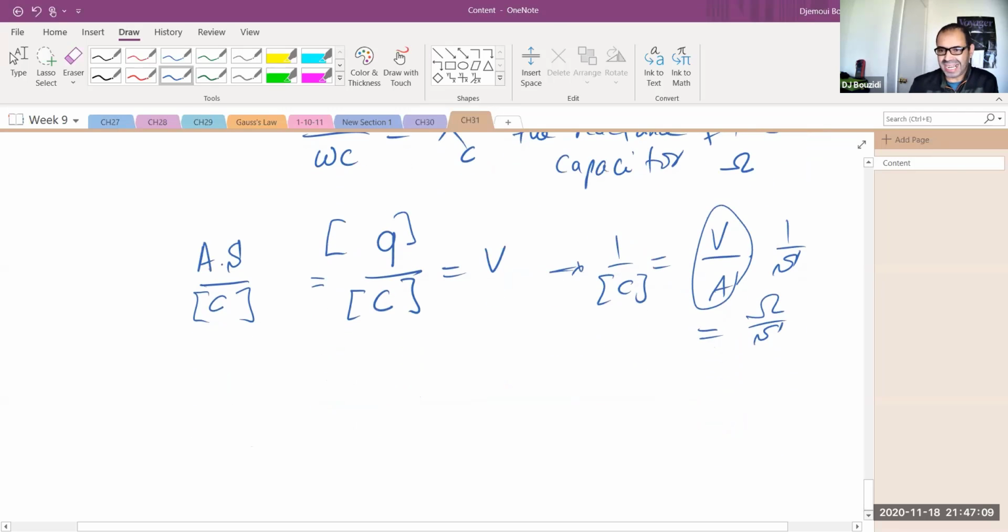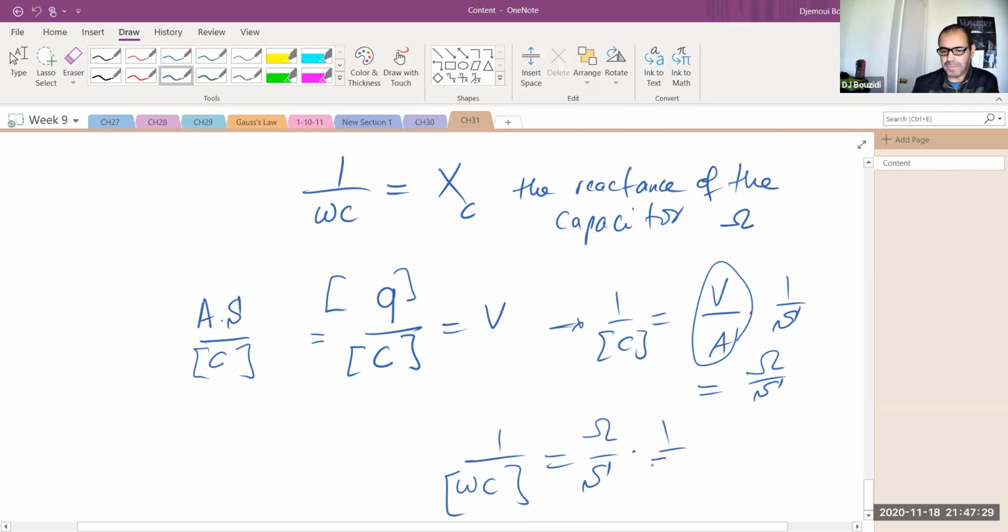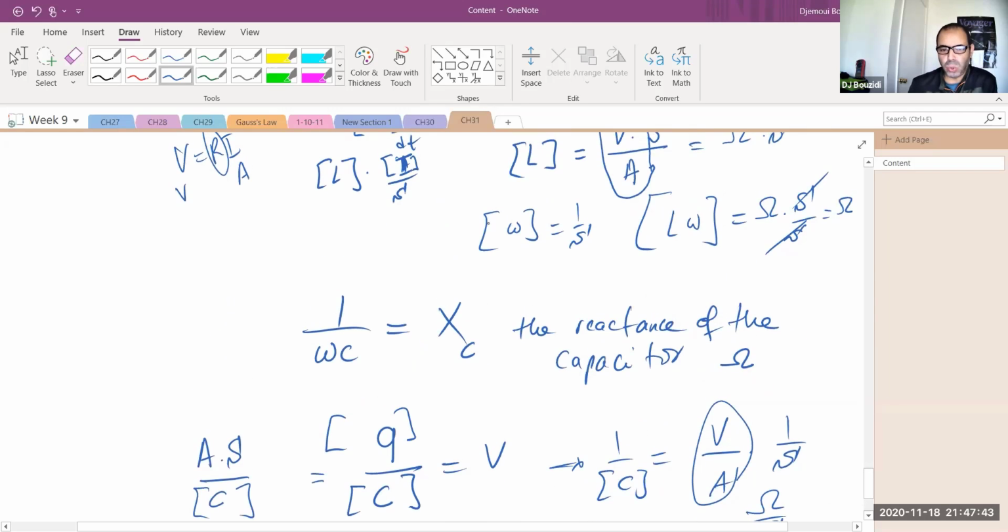But if I divide by an omega now, so 1 over omega times C, the units for that are the same as an ohm divided by second, because that's the units of 1 over C, divided by the units of the frequency, and the units of the frequency are themselves the inverse of a second. So the units of omega is 1 over second. So basically you will have an ohm over second times 1 over second. The second cancels the second, and you have an ohm. So indeed, this is also an ohm too. So this acts like a resistance also.